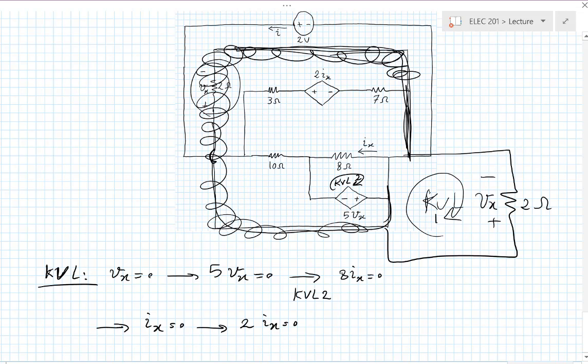And as a result, the current through the 8 ohm resistor is also 0. So all of this imposes 0 volt difference across the 8 ohm, so that becomes a short circuit. And similarly, as we just mentioned, 0 volt across the 2Ix voltage source up there. So that's also essentially a piece of wire.